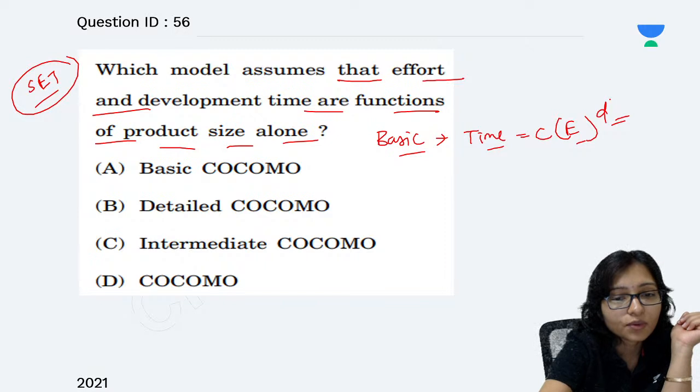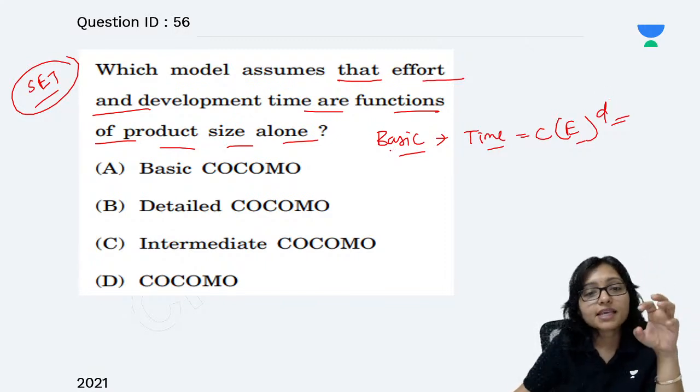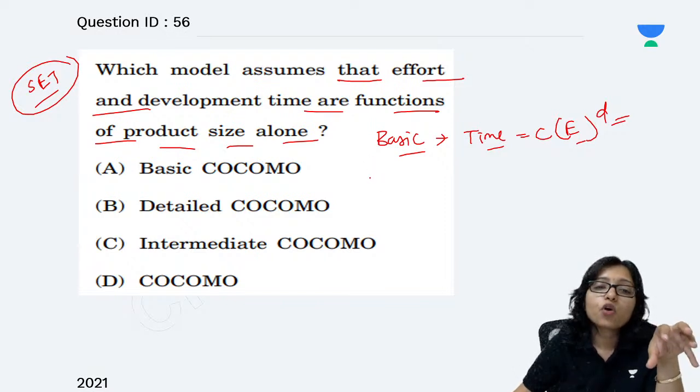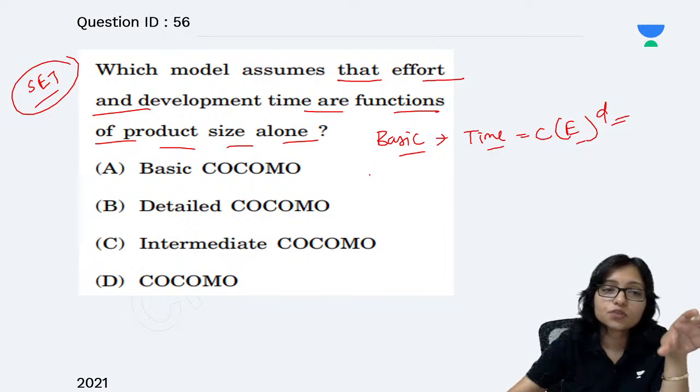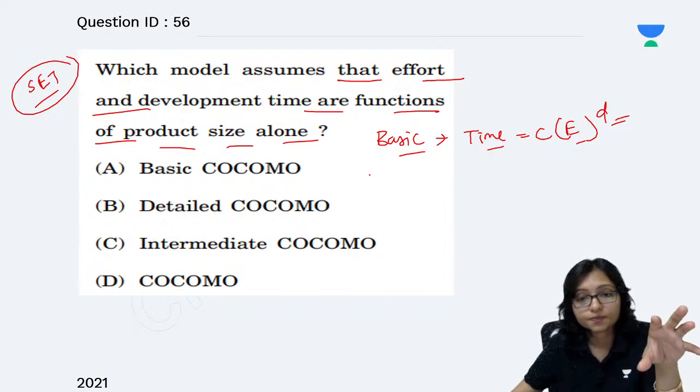After that, we come to intermediate COCOMO. In basic COCOMO, it is assumed that effort is only a function of the number of lines of code and some constant, so it focuses on the line of code alone.